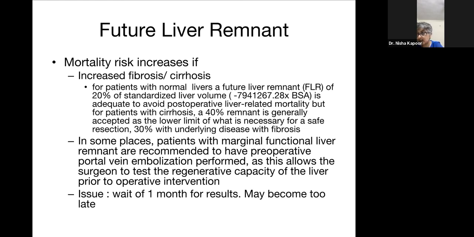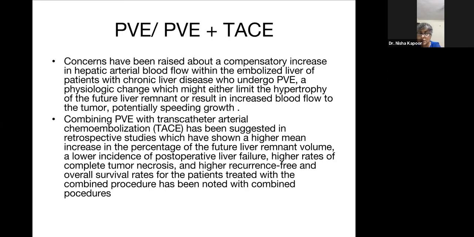So during the portal vein embolization, the particular vein branch which is supplying the part of the liver which is going to be removed during the liver resection is the one which is blocked. And we allow the blood supply to be diverted towards the remnant part of the liver, the healthy part of the liver, which is going to stay behind. And we allow for the hypertrophy of this part of the liver to occur. Now, this is going to take about a month or so.